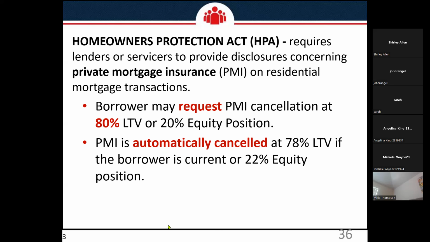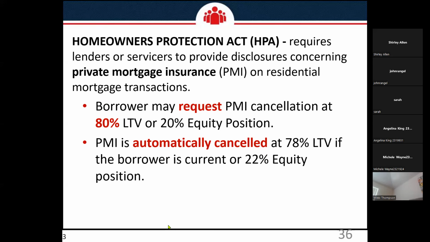They may say, I want to take this extra mortgage insurance off my monthly note. But the PMI gets automatically canceled at 78% LTV if the borrower is current, or if the borrower is at a 22% equity position. That's all HPA is about.